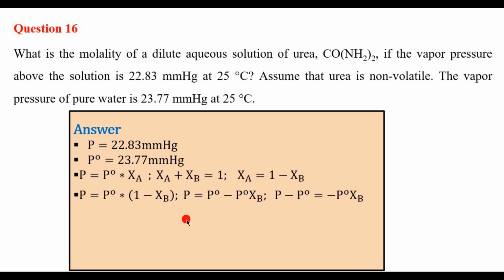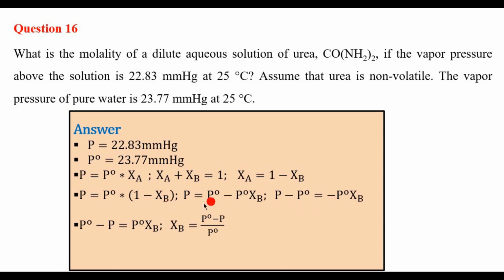If we do a rearrangement, we replace XA, the mole fraction of the pure solvent, with 1 minus XB. Then we multiply this one with this one, and we also multiply this one with this one. That is what we get.